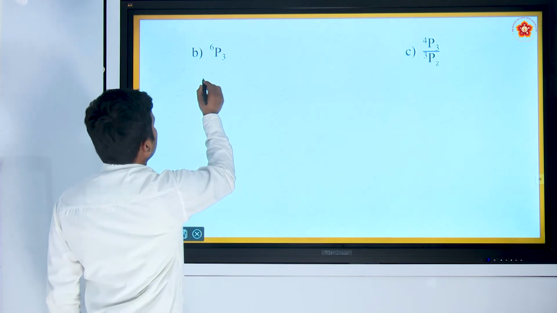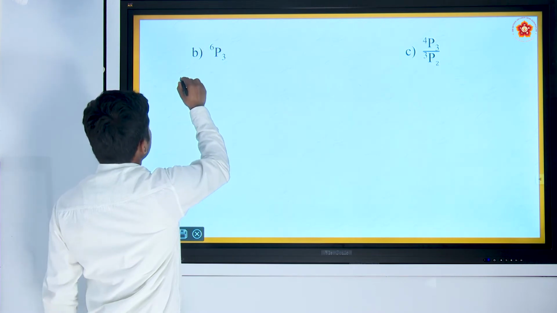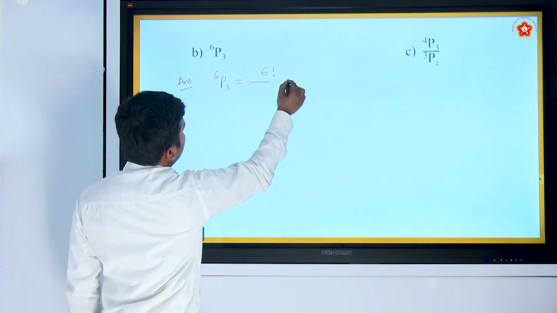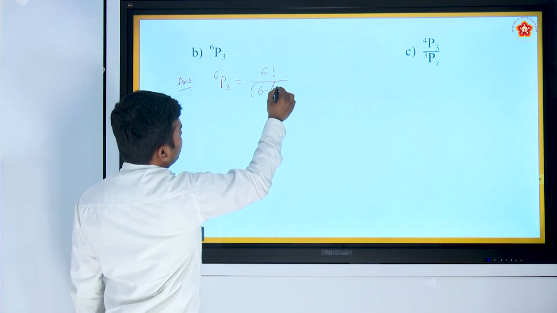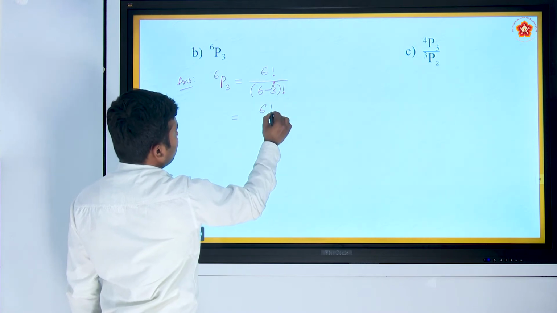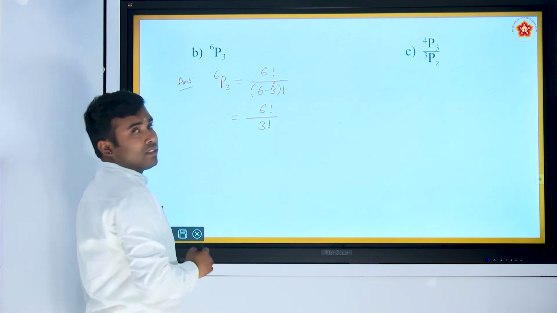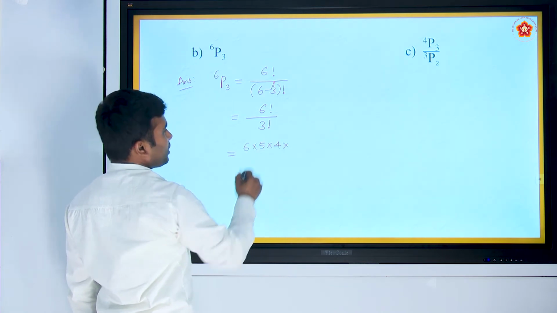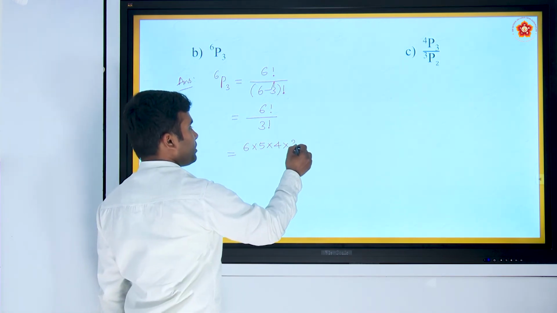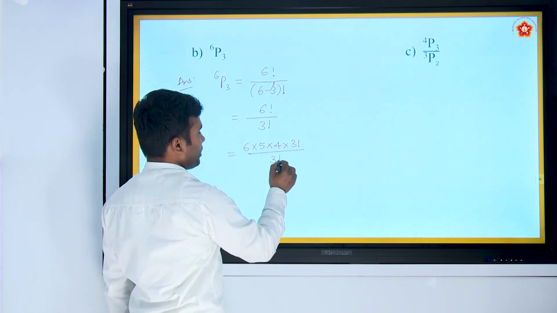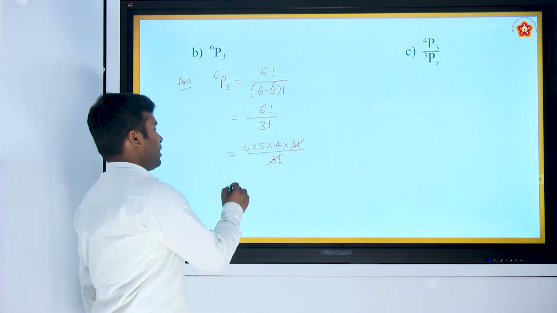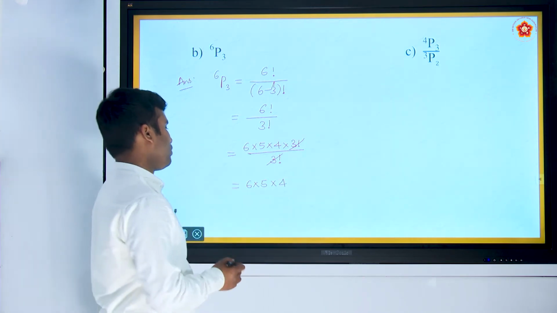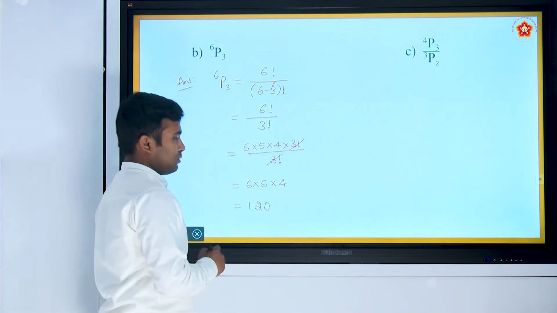Let us use the formula. 6P3 is equal to 6 factorial divided by (6 minus 3) factorial, which is 6 factorial divided by 3 factorial. 6 factorial can be written as 6 into 5 into 4 into 3 factorial, since the denominator has 3 factorial, so you can stop there. The 3 factorials cancel, and I am left with 6 into 5 into 4. 6 fives are 30, 30 fours are 120.